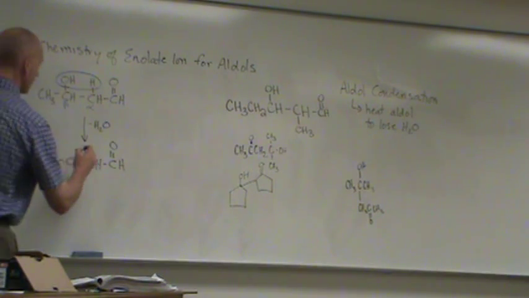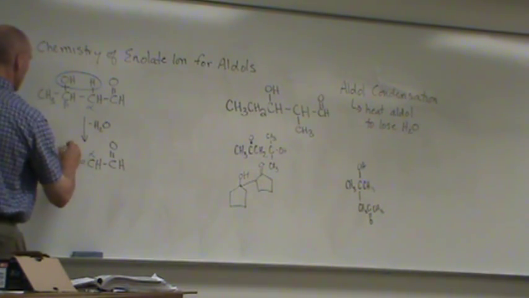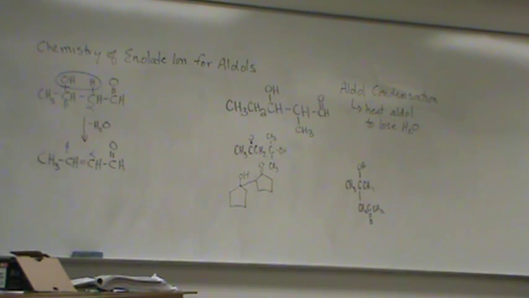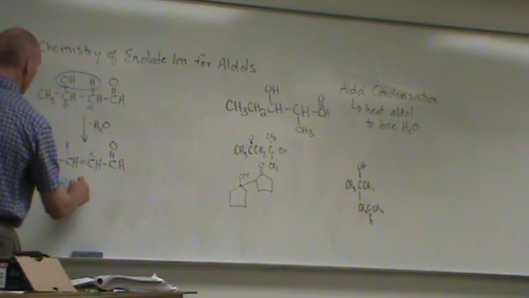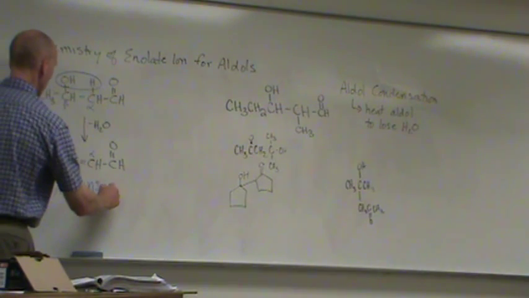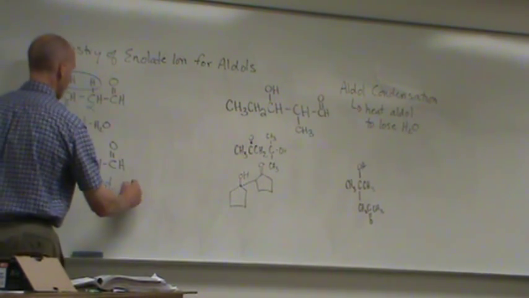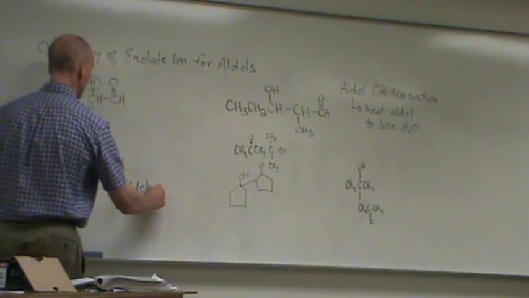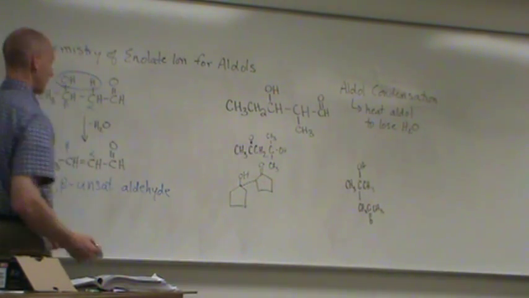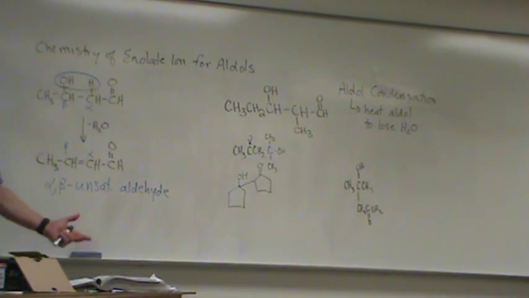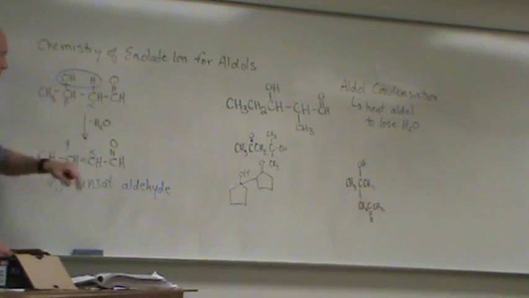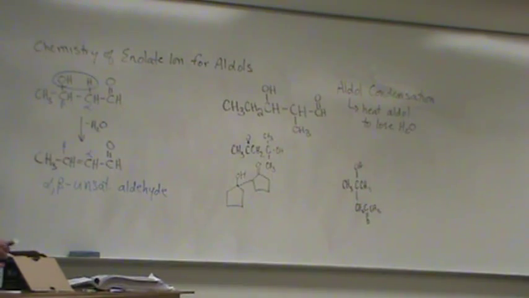The double bond is between the alpha and beta carbons. And so here we get what's called an alpha beta unsaturated aldehyde. You can have alpha beta unsaturated ketones as well if this was a ketone. But here it's an aldehyde.